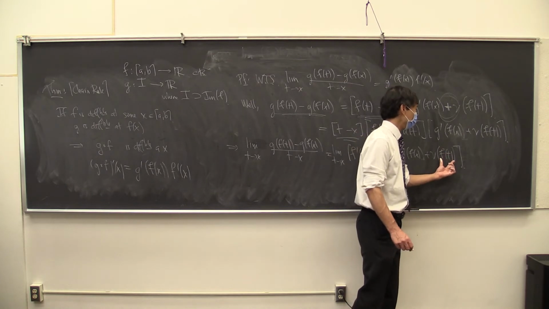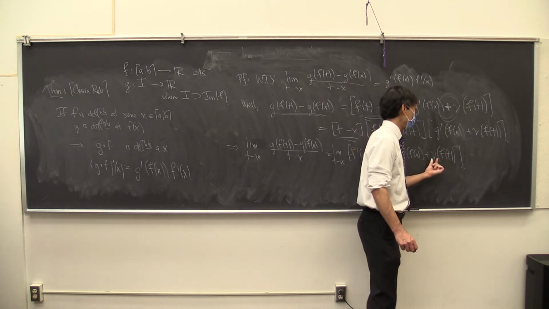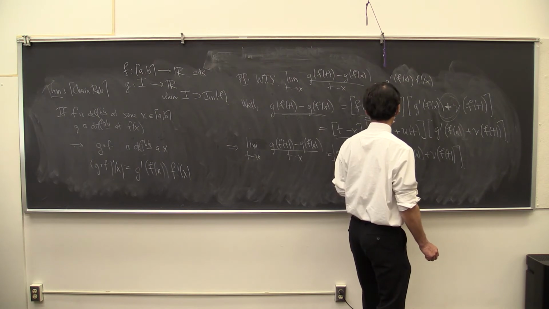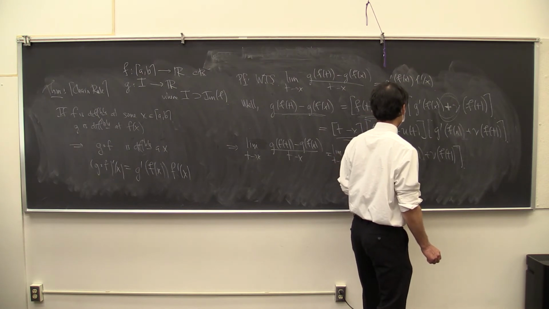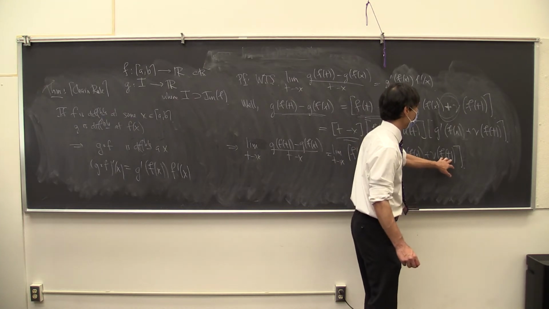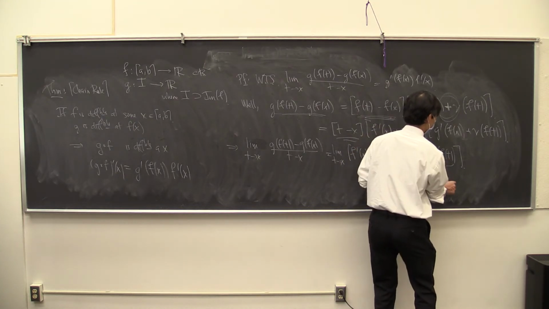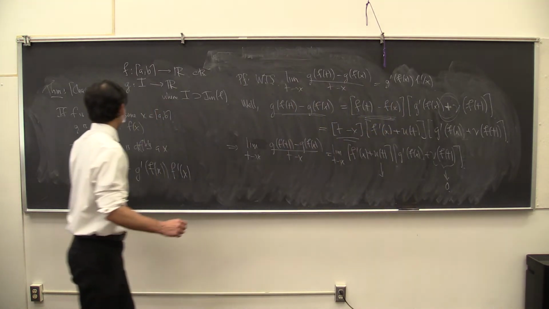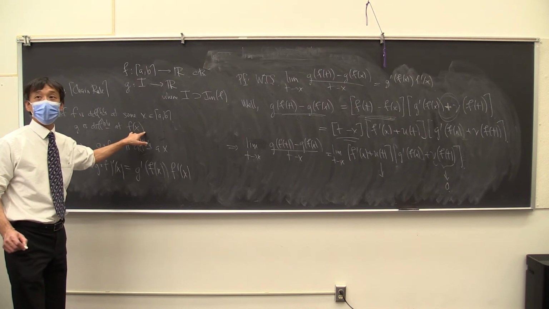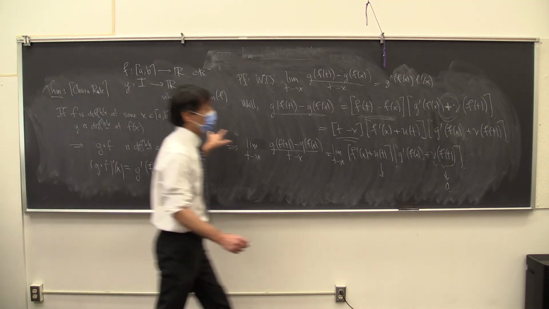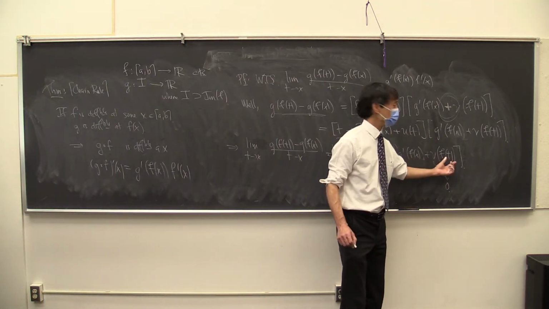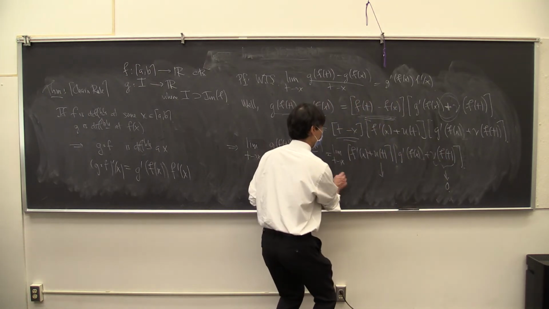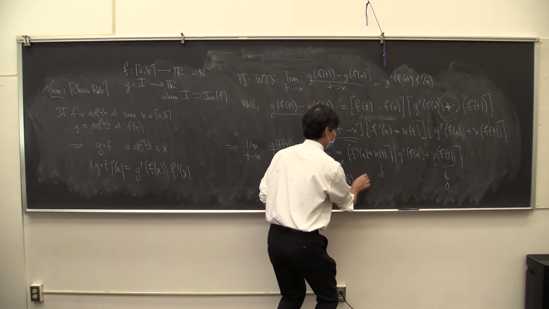And as that goes to f of x, then nu of t is going to go to 0, because g was differentiable at f of x. So its error goes to 0 as this term goes to f of x. Okay. So you end up with f prime of x times g prime of f of x.